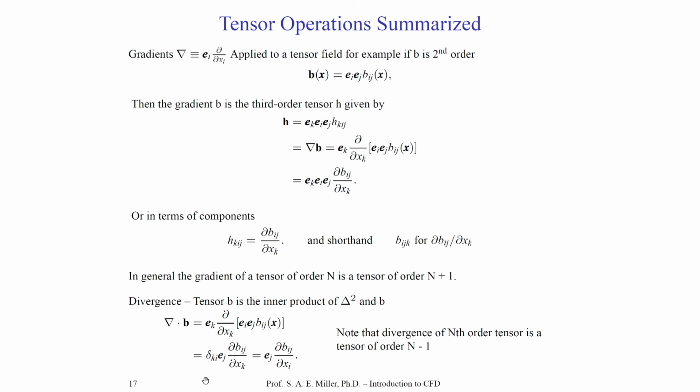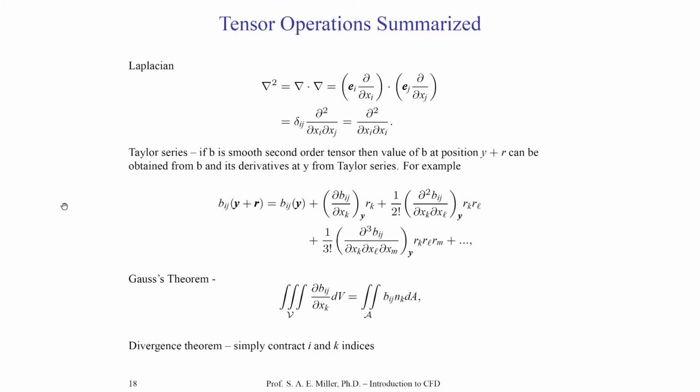So remember, the divergence of an nth order tensor is a tensor of order n minus 1, which is the opposite, of course, of the previous operation of the gradient, where you're increasing the tensor order to n plus 1. Think about it this way. You can increment the order of the tensor by applying the gradient and divergence operations respectively. It's an alternative way to think about the relations between the gradient and divergence of particular variables.